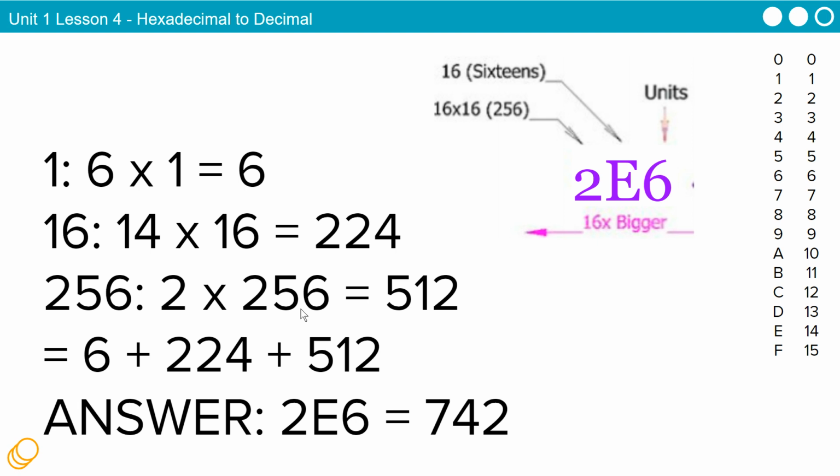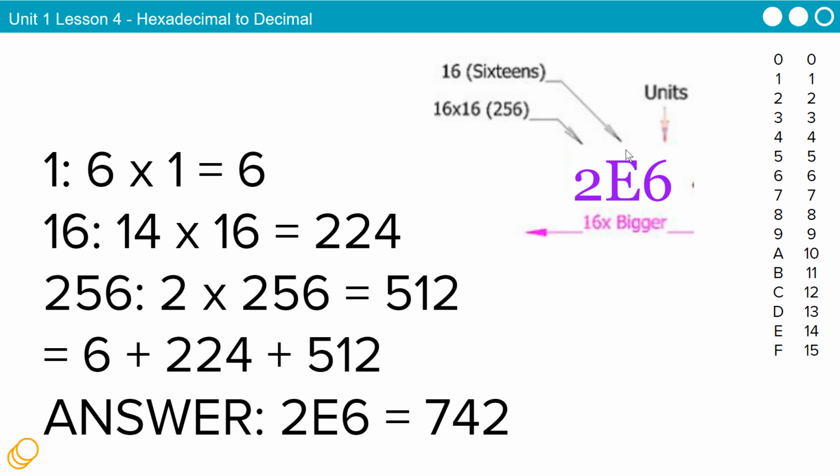Miss Bensley, do you understand this stuff? Yes. Where'd you get the 14 from? The 14 right here is because I have an E. So I have to look over here and see that E is equivalent to 14. Where'd you get the 6? This is my ones place. So I take 6 times 1.